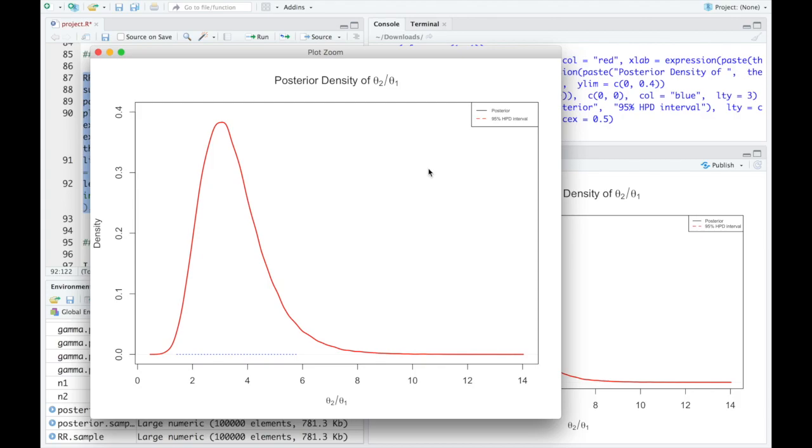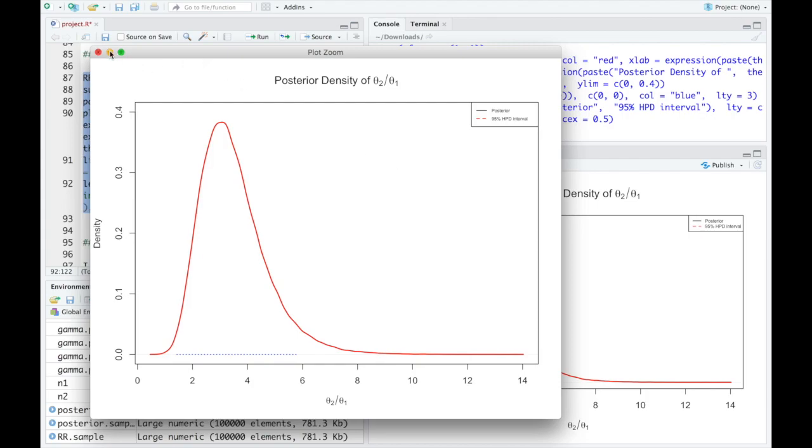The 95% HPD interval is from about 1.5 to 6. We can then safely conclude that patients with characteristics of white blood cells, which we refer to as Ag negative, do have a higher risk of death due to leukemia than those classified as Ag positive.